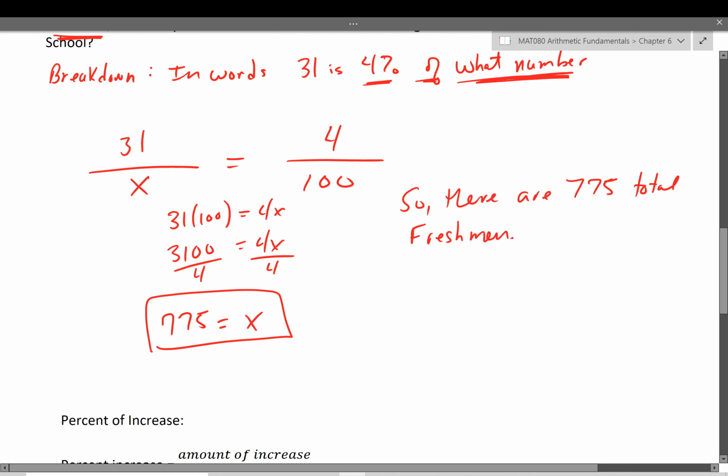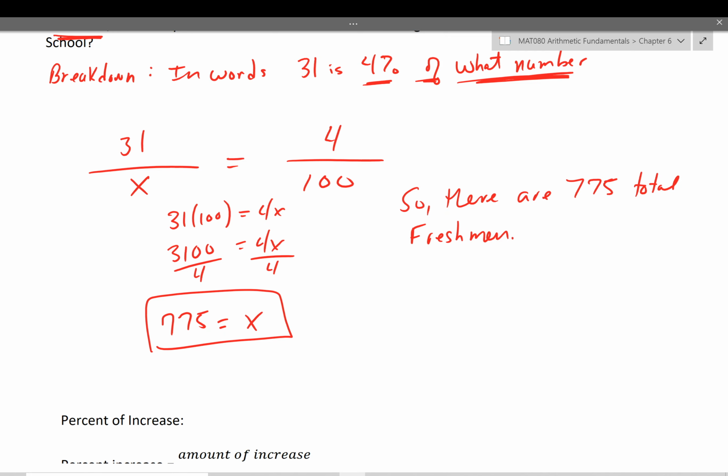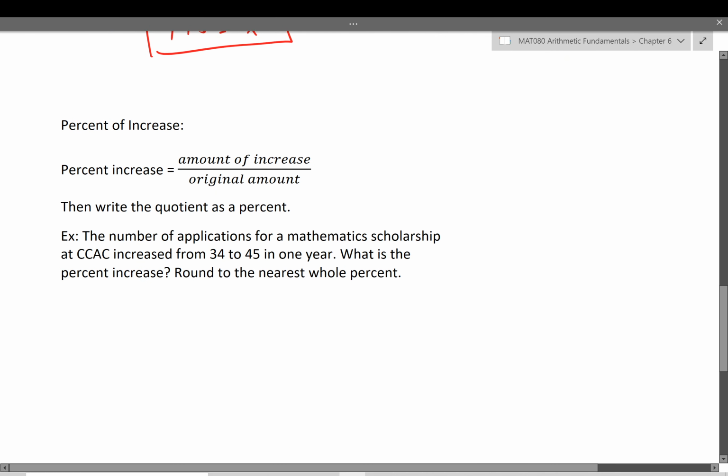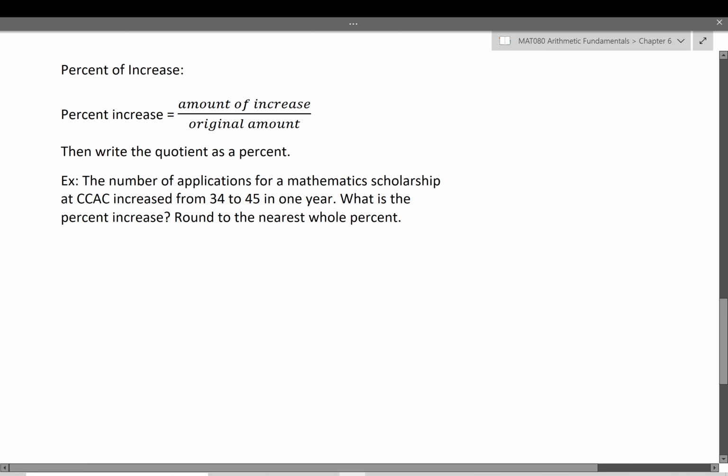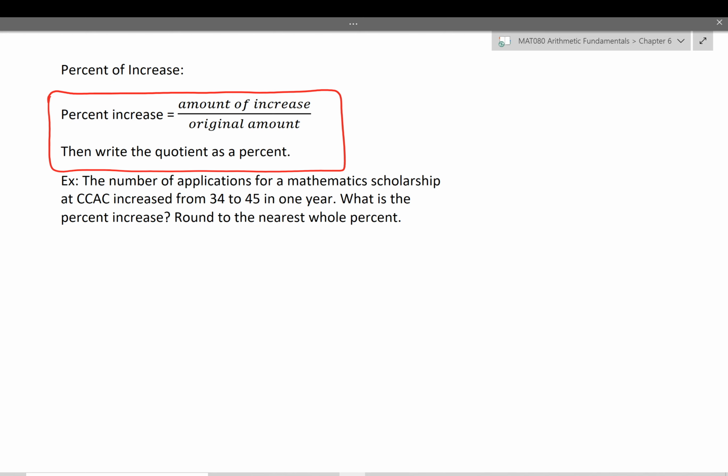Now, the next thing I want to talk about in this chapter is what we call percent increase. Percent increase is defined as the amount of increase divided by the original amount. The only way I could really demonstrate this is to do an example. Now, we see percent increases everywhere.